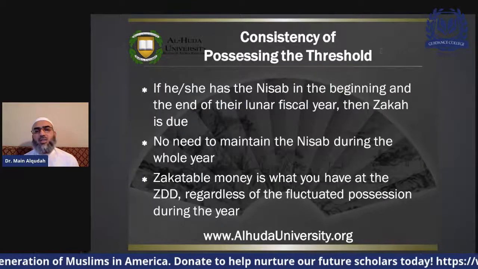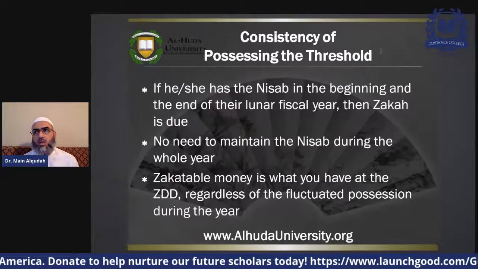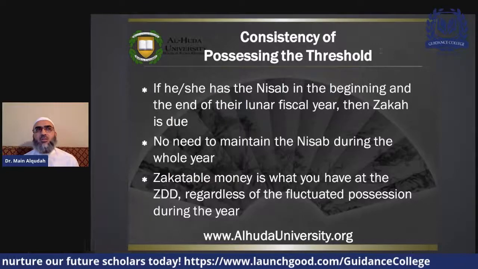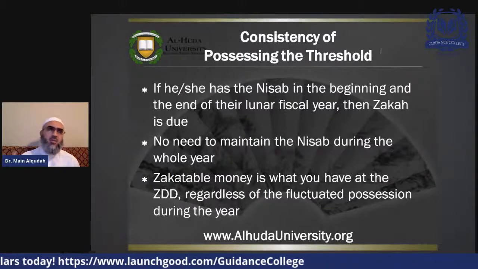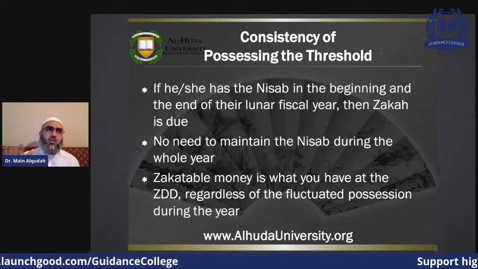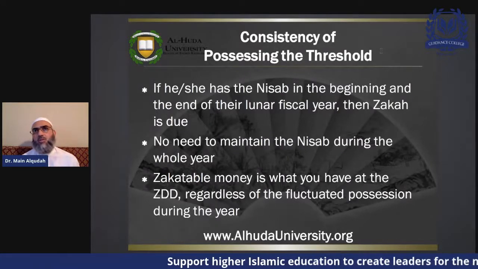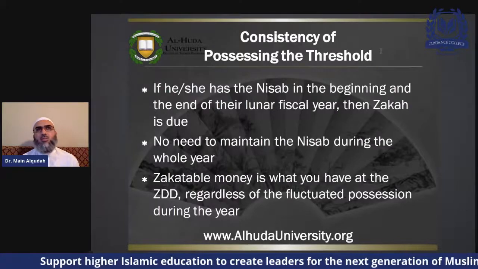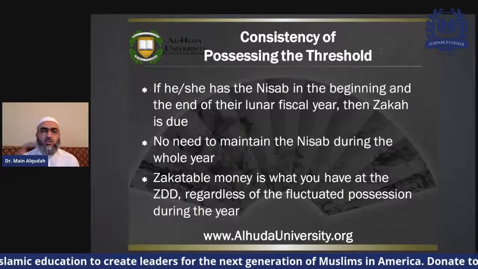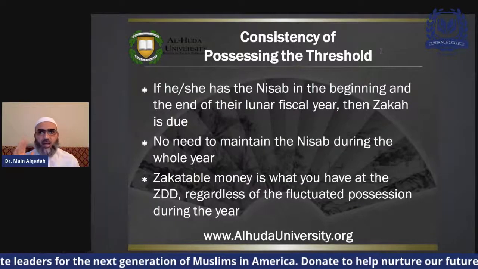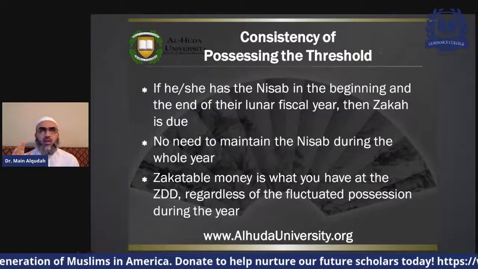Consistency of possessing the threshold or the nisab. Do you have to be consistent in keeping up the nisab throughout the whole year? The answer is no. Say, for example, that you established a nisab, you constituted $4,500 cash money in the month of Rajab.